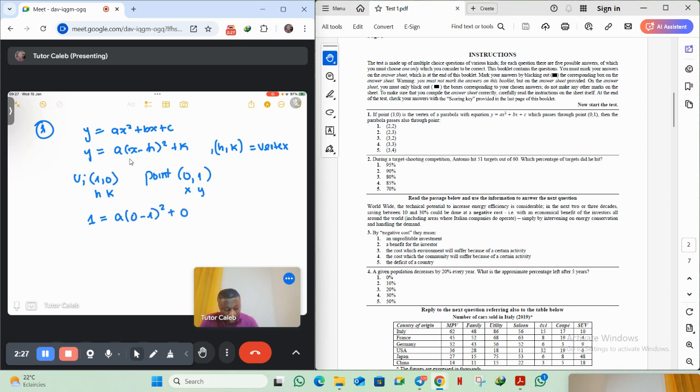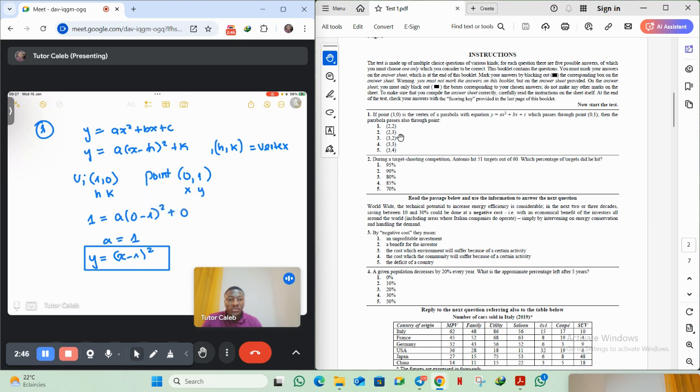So this will give us a equals 1. Therefore, the equation of the parabola now becomes (x minus 1) all squared. So the real equation of this parabola is y equals (x minus 1) all squared.